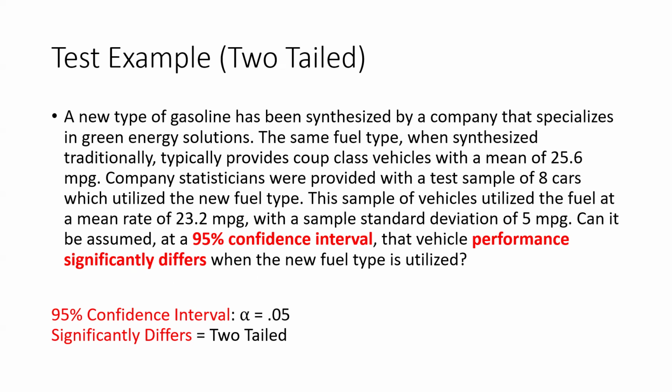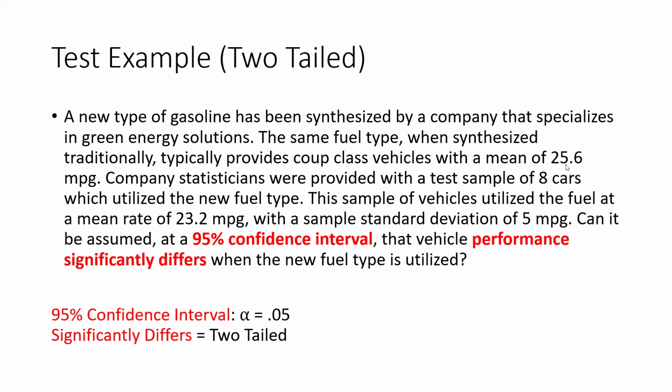We don't want to know whether there's a greater miles per gallon or a significantly less miles per gallon. We're interested in whether or not performance significantly differs. So this phrase signifies a two-tail test.